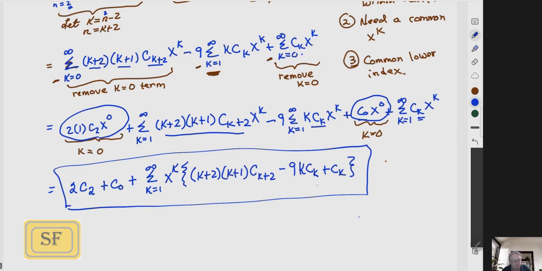You might notice that those last two terms have a c sub k in common. The first term does not. So if you wanted to, you don't have to now, but you could factor out that c sub k, and that last term would be negative 9k plus 1 times c sub k.